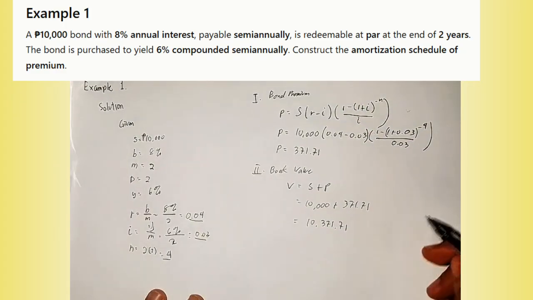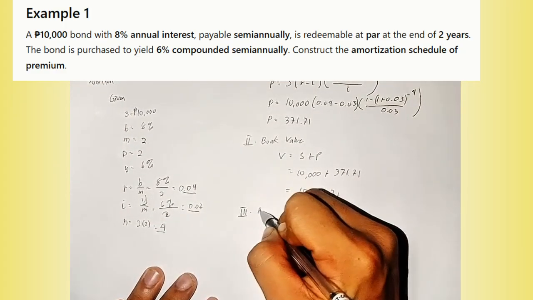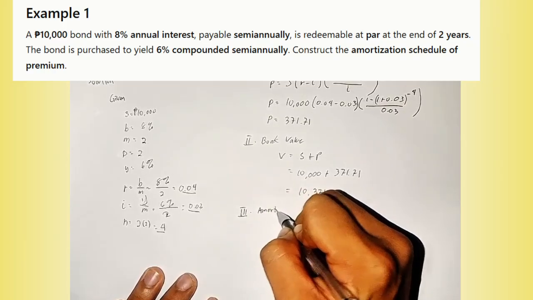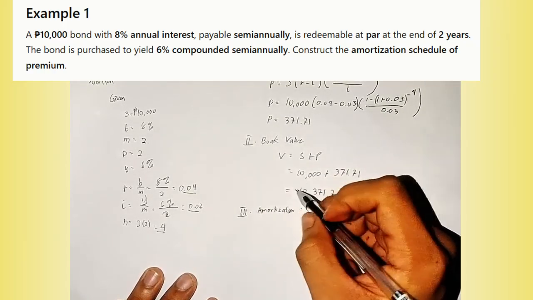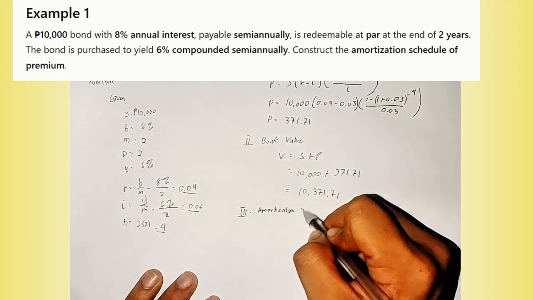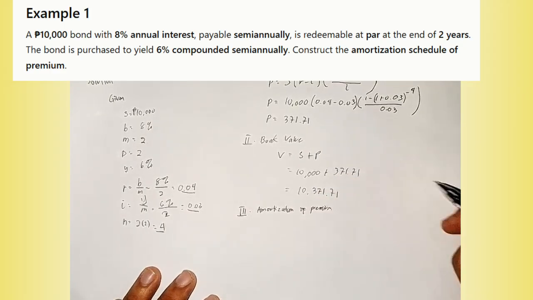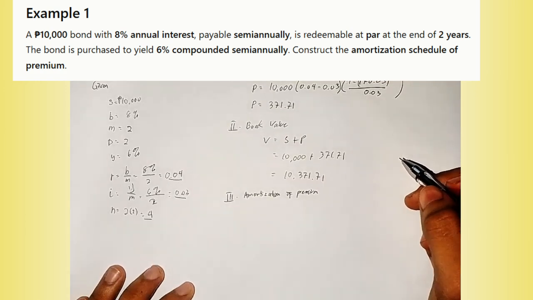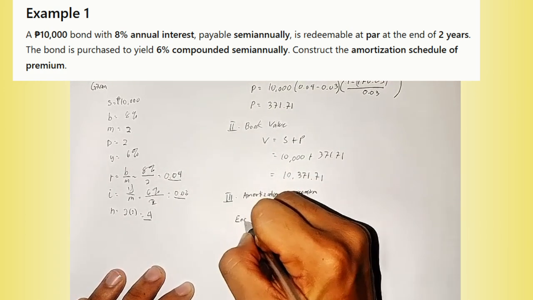Now let's construct the amortization table. In the amortization of premium table, I hope it is visible, first is the end period.